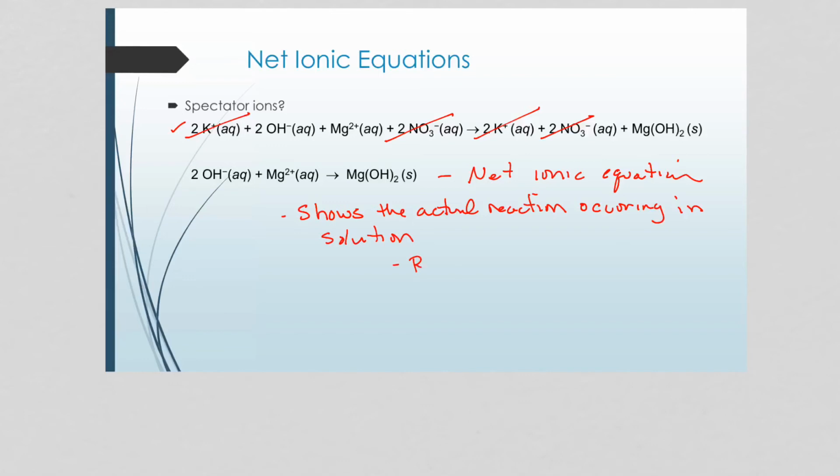You have removed the so-called spectator ions that remain aqueous in the beginning and the end. Okay, so we can use these different forms, the molecular equation, the complete ionic equation, the net ionic equation, to get a better understanding of what's actually happening.